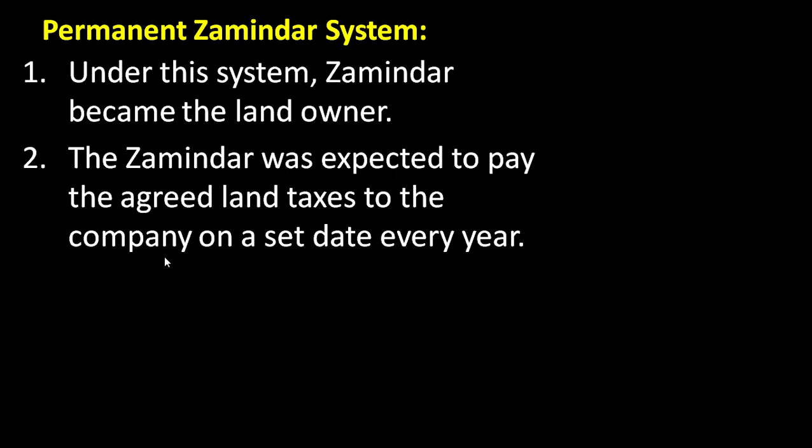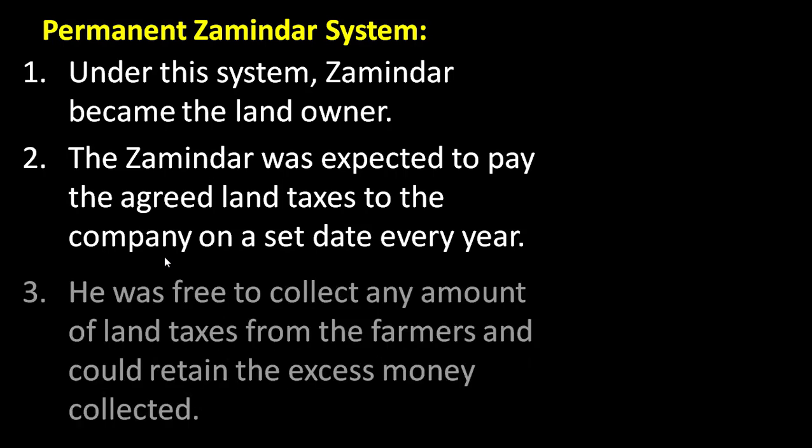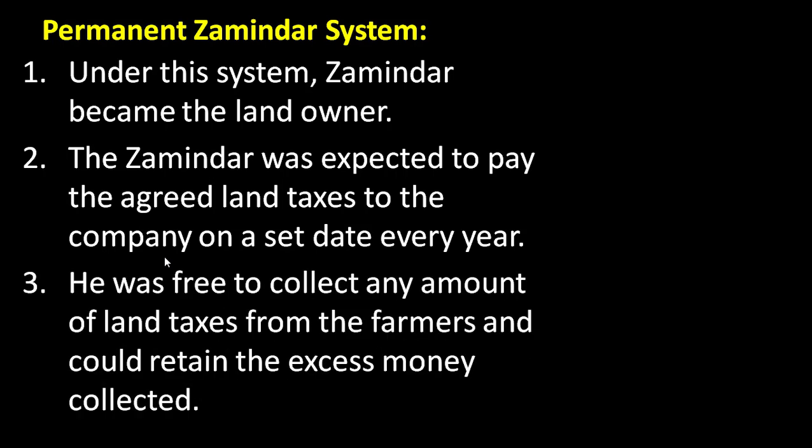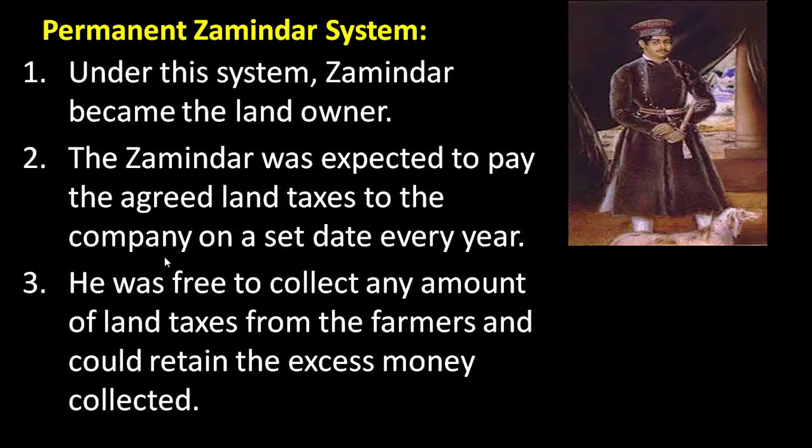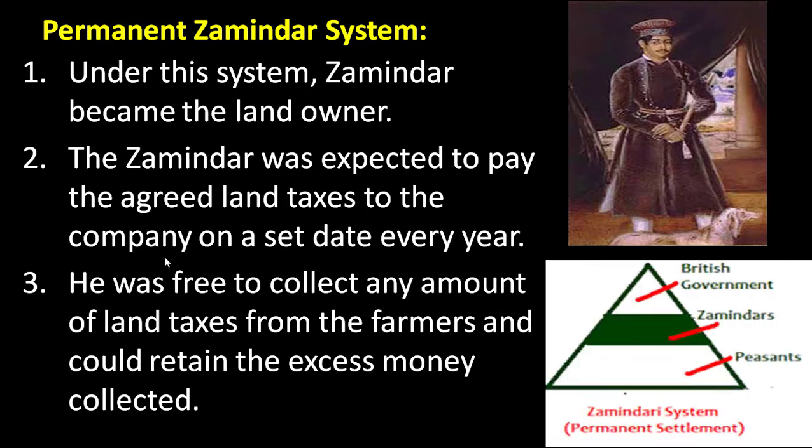Third, he was free to collect any amount of land taxes from the farmers and could retain the excess money collected. So under this system, the Zamindar became the landowner, was expected to pay the agreed land taxes on a set date every year, and was free to collect any amount of land taxes from the farmers and retain the excess money collected.